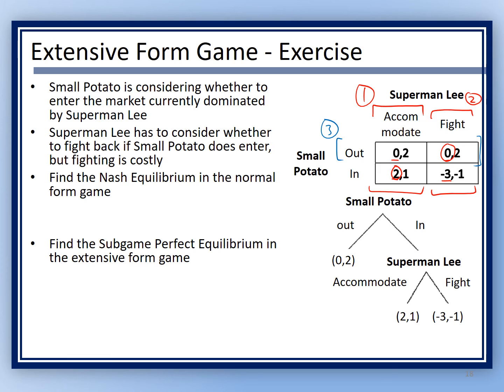If small potato decides to stay out, Superman Lee can accommodate or fight. In this case, it actually doesn't matter, so he's willing to do either. And if small potato comes in, Superman Lee can choose between accommodating and fighting, but fighting is too costly, so he's actually going to accommodate.